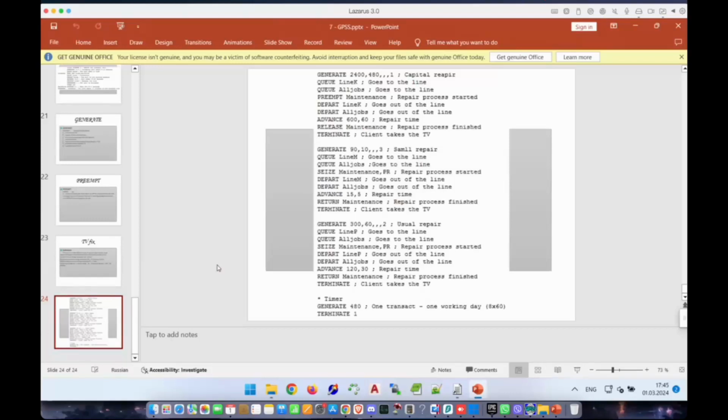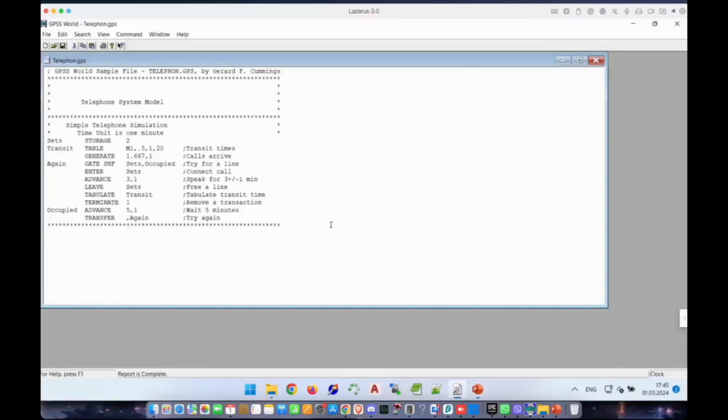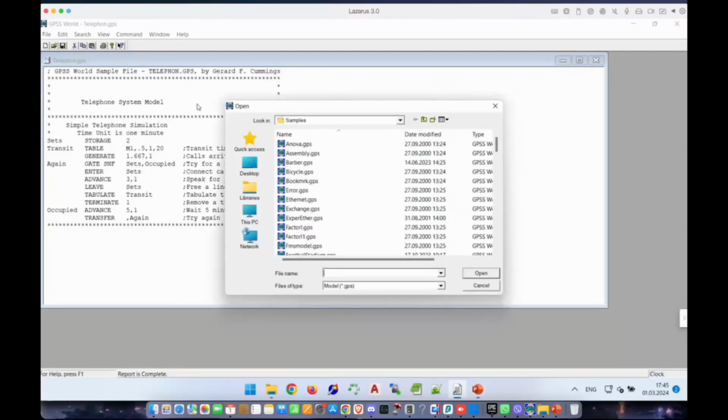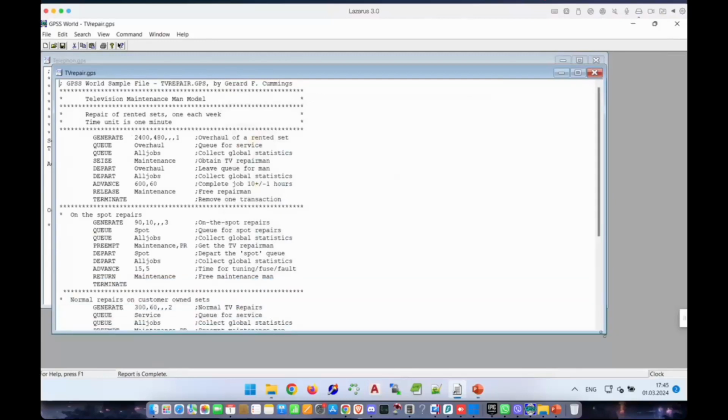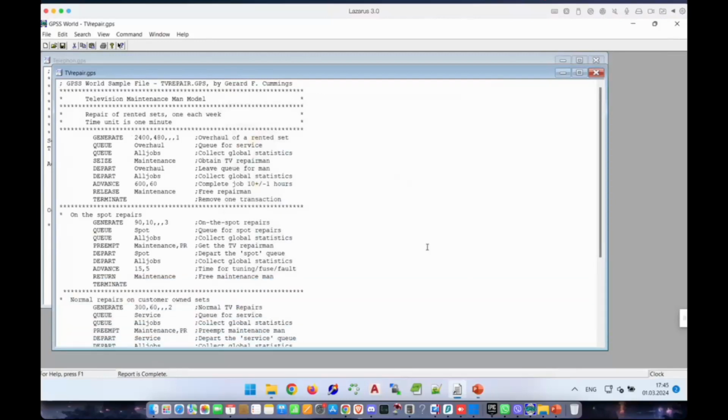And by the way, you can find a similar solution in the samples. Maybe first I will show you and then we'll return to this presentation. So through the samples, you can look for a TV repair. Here you have it. And here you have almost the same code, a bit different one, but anyways.